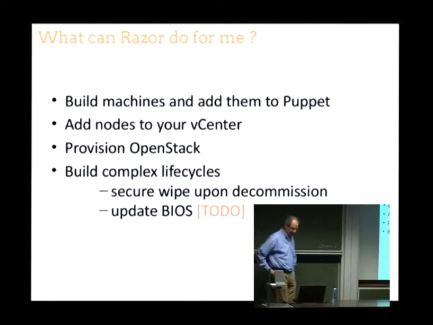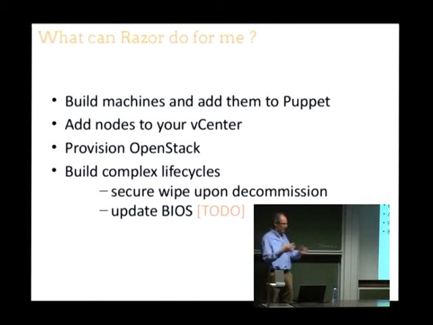And so just a few examples of what Razor can do for you. Of course, you can build machines with it and add them to Puppet or some other config management systems like Chef. Your initial use case of building nodes and setting them up with vCenter, there are actually Puppet modules that help you do that.